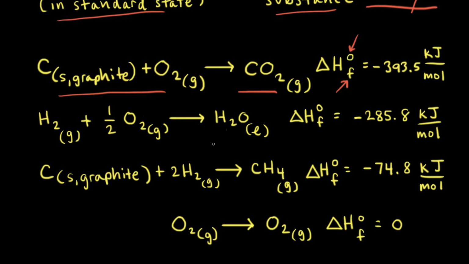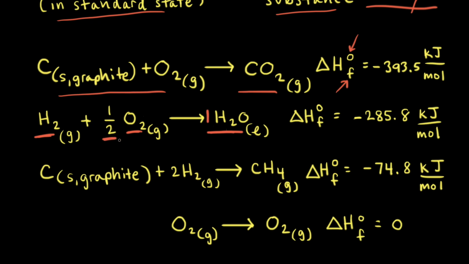Let's look at some more equations showing the formation of 1 mole of a substance. For example, let's look at the equation showing the formation of 1 mole of water. So water is composed of hydrogen and oxygen, and the most stable forms of those two elements under standard conditions are hydrogen gas and oxygen gas. And for the coefficients to make 1 mole of water, we need a 1/2 as our coefficient in front of O2.